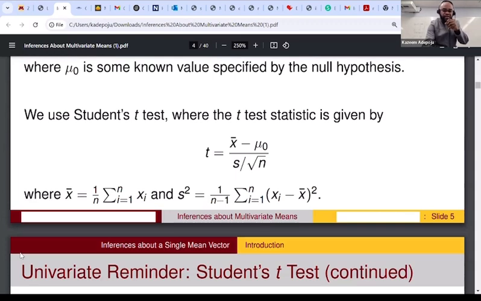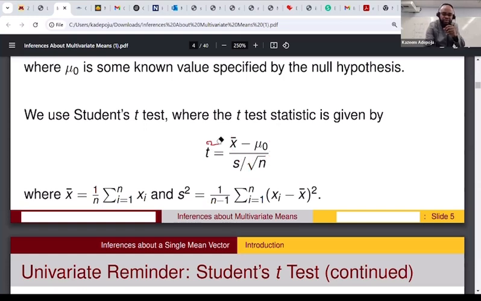When I square that, this is going to be squared, and the square root of n is also going to be squared. While we square each of those, we extend the univariate test to a multivariate test.